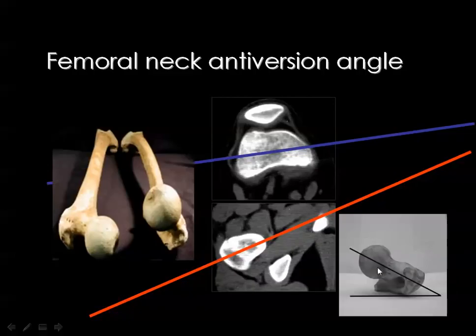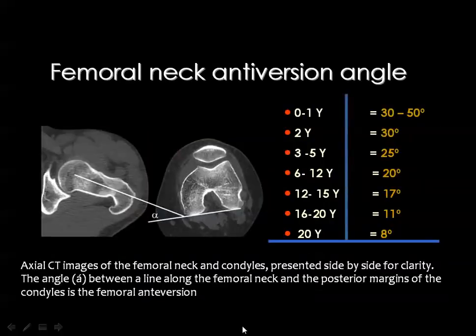As you can see here, we want to measure the angle between the neck and the table, which is represented here by the femoral condyle. And this is another way which is presented in the book. It's more easy. You have a scan in the knee at the level of the patella, and a scan in the hip. You draw a line going through the femoral neck, and another line tangential to the femoral condyle, which corresponds to the table.